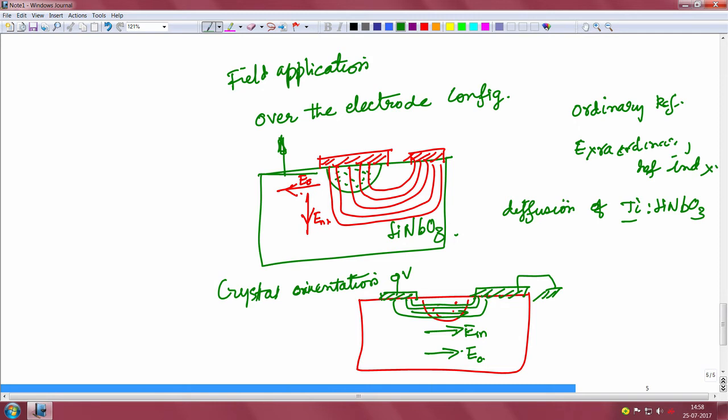Based on the cut orientation and the propagation direction of the light wave, we have to choose the appropriate coefficient and calculate the refractive index variation.